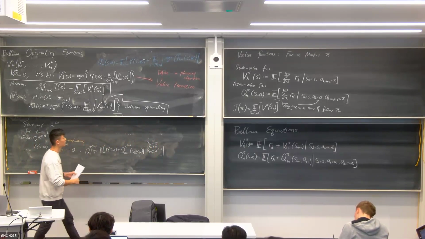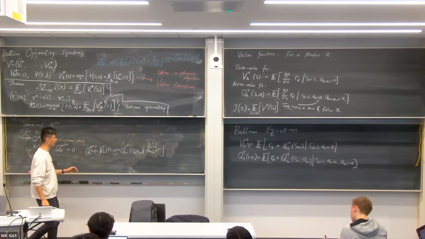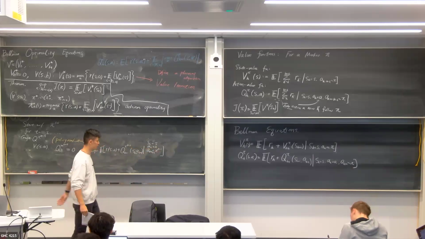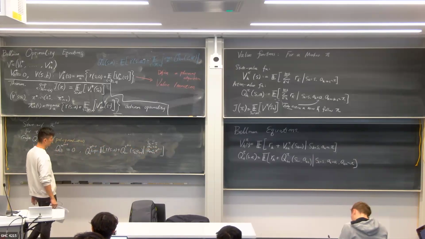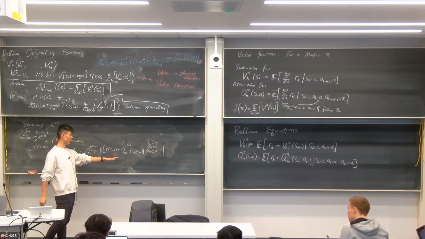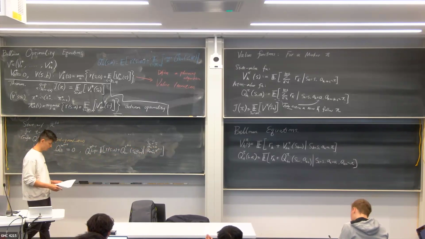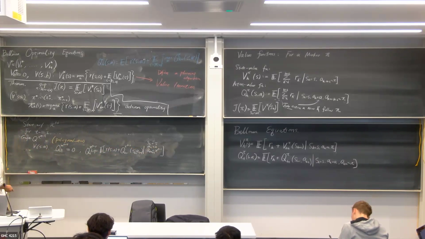It's really the same equation as above without a max. I'm going to use the Bellman equations to fill up this table for action value functions. So that's called policy evaluation.